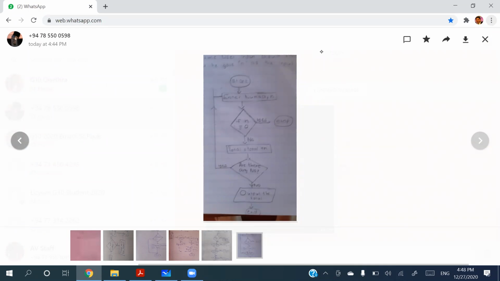Yes, Vihansa, the second condition is not needed, though. You have taken the number, you have checked whether the n is 0. If it is no, that particular number is added to the total. Then you ask for the next number. You don't need to ask whether there are any number or not, because that is being asked from the enter number thing, no?